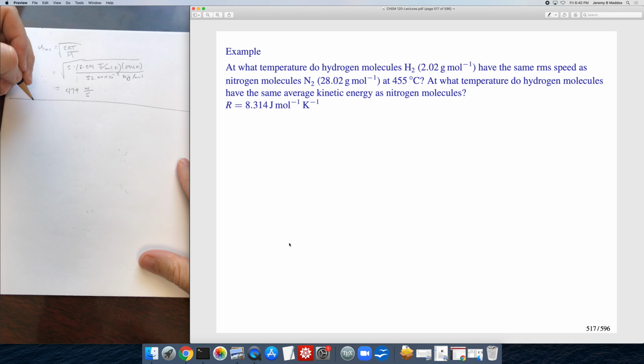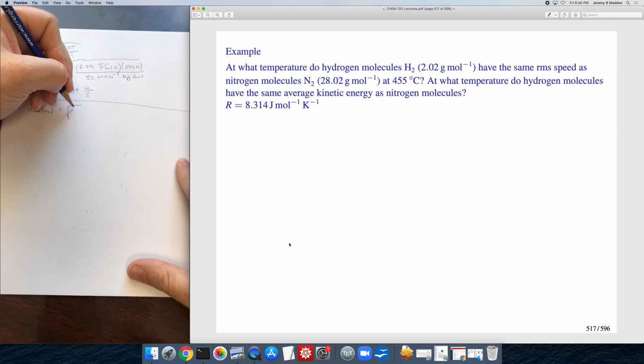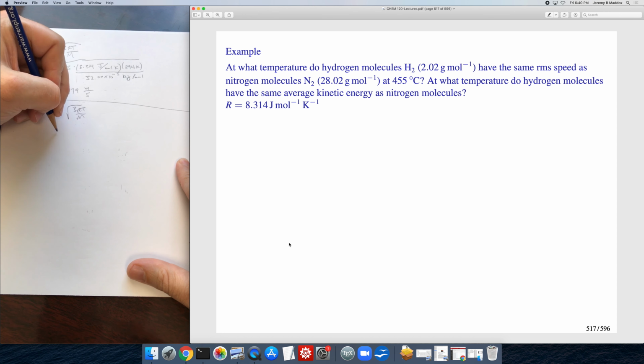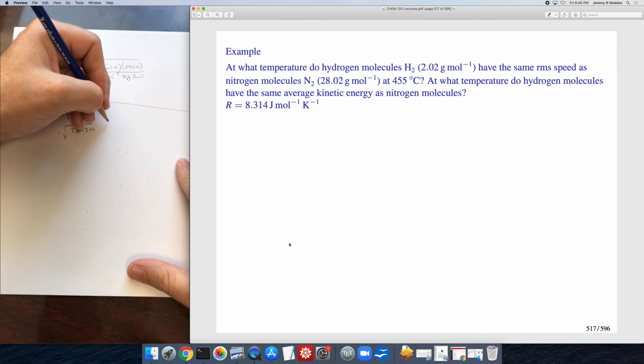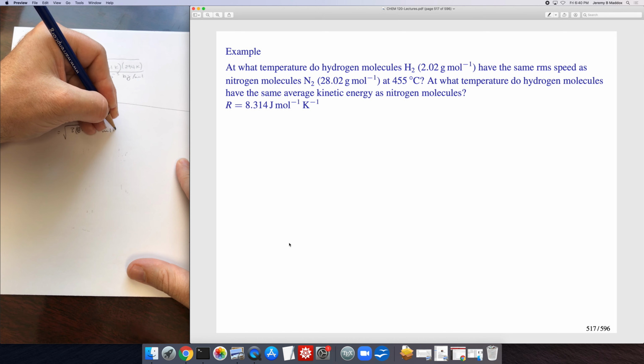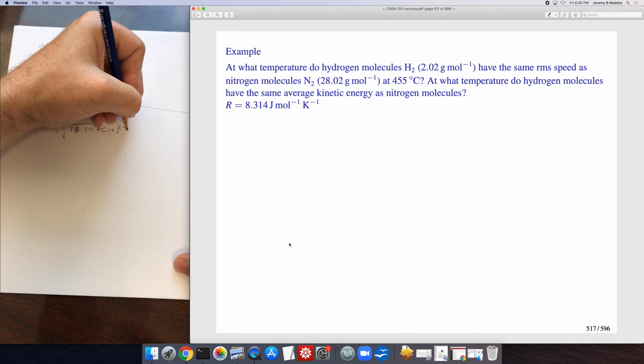So what you need to do is to calculate the root mean square speed for nitrogen. You need to find that. Okay, so that's the square root of 3RT over M. So we'll take 3 times 8.314 joules per mole Kelvin, times 455 degrees Celsius, which is 728 Kelvin.